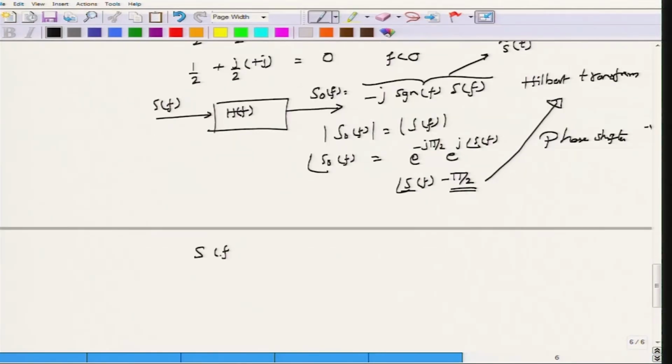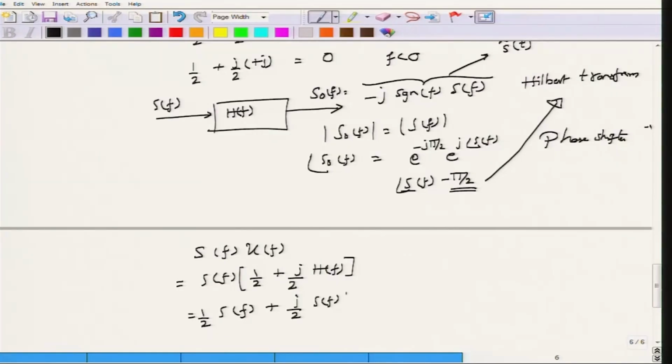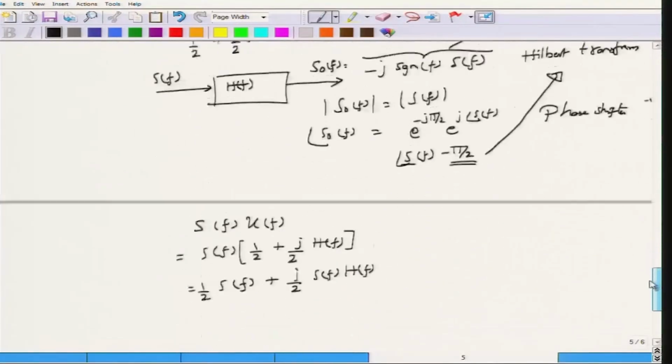So, I get S of f multiplied by u of f, but I know that u of f is nothing but half plus j by 2 into H of f. If I expand, I get half S of f plus j by 2 S of f H of f, and H of f itself is given by the sign function of f.